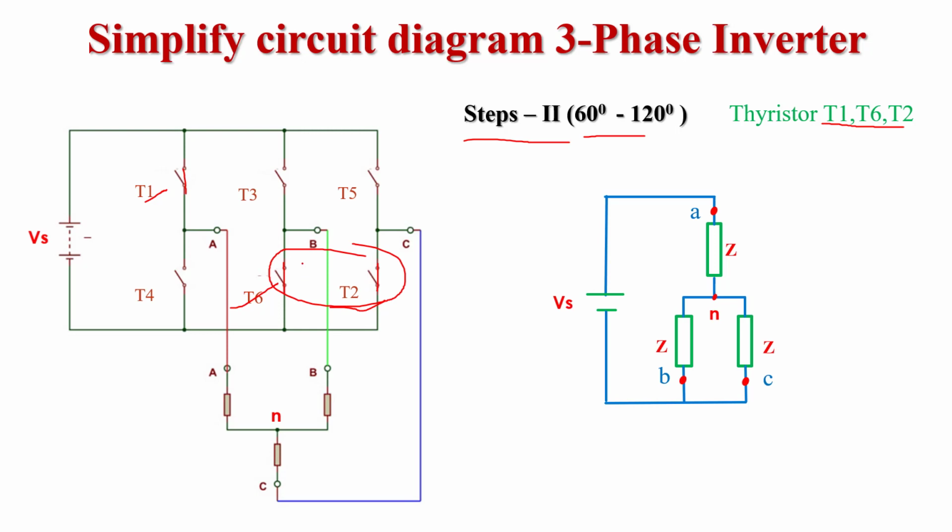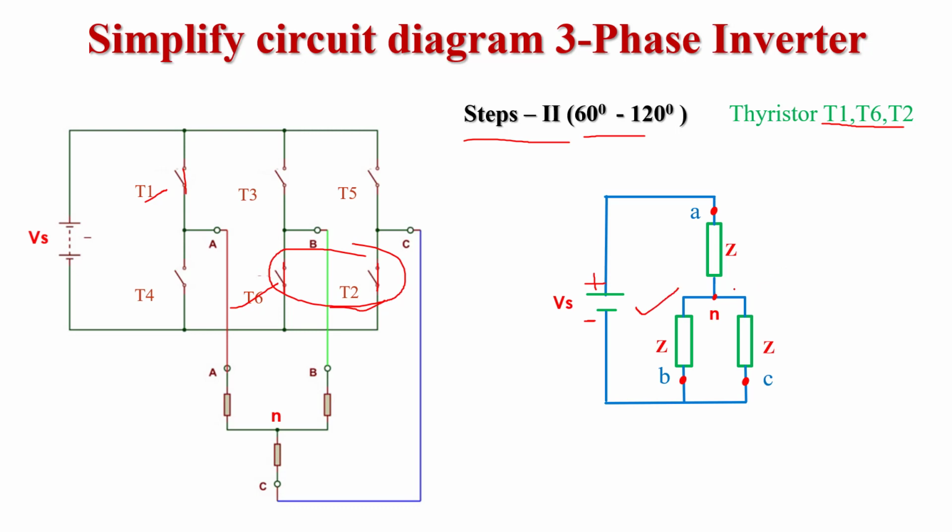So here phase B and phase C thyristors are connected in parallel and these are negative group thyristors, so connected from the negative terminal of the supply voltage. T1 is a positive group thyristor connected from the positive terminal of the supply voltage. So phase A T1 thyristor is connected from the positive terminal of the supply voltage.